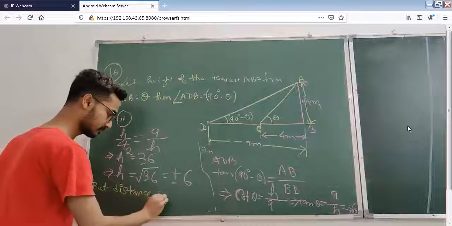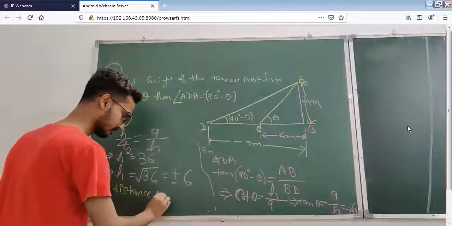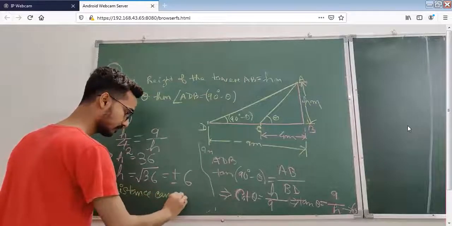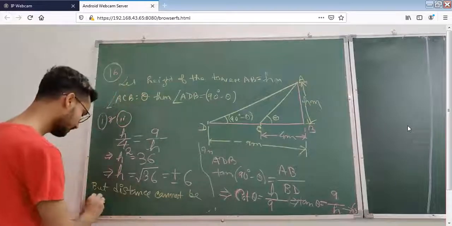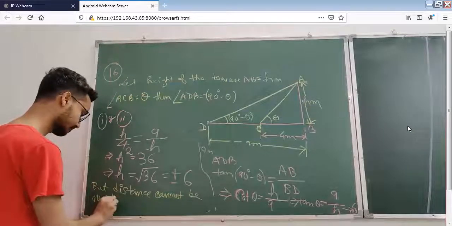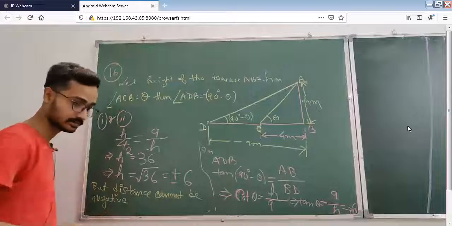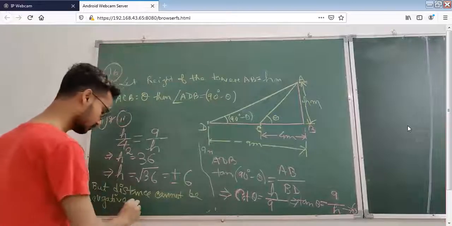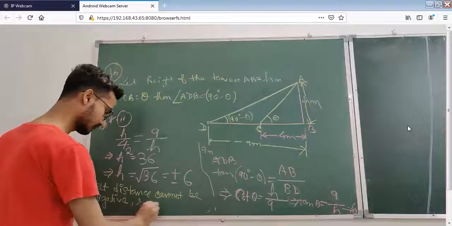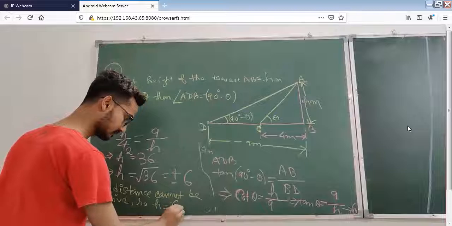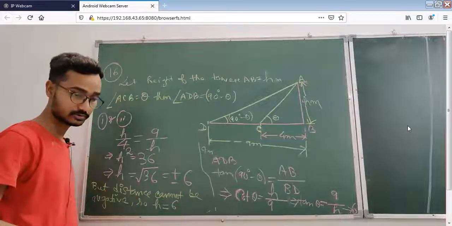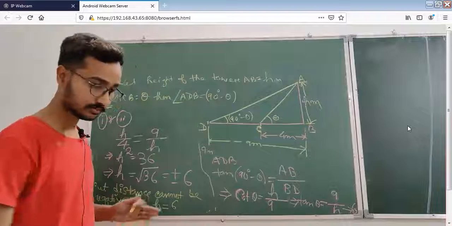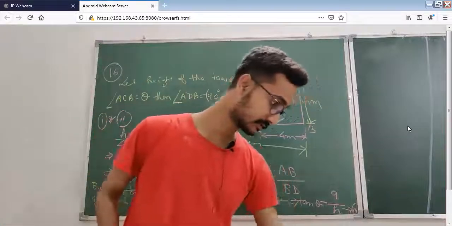So h equal to 6 meter. Yes or no? Hence the height of the tower is 6 meter.